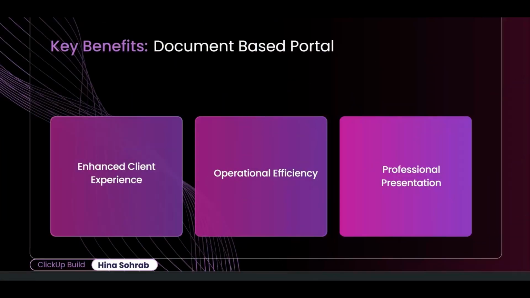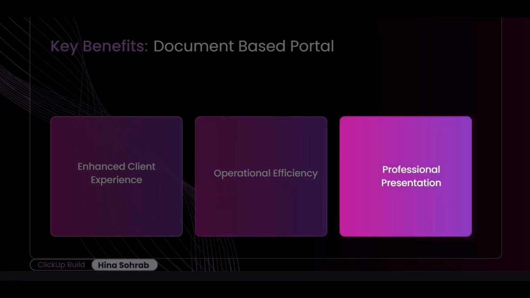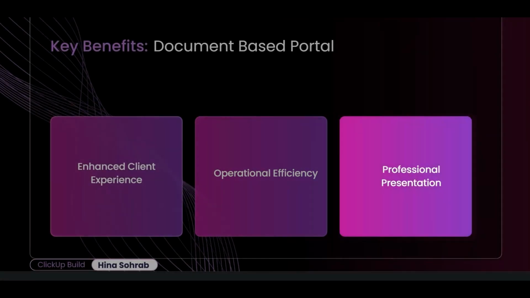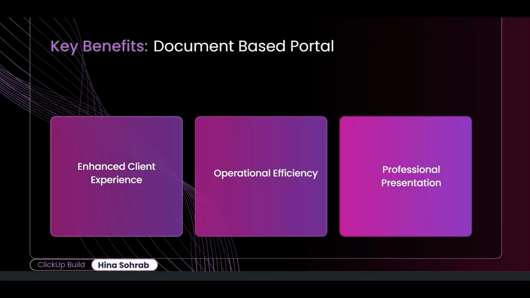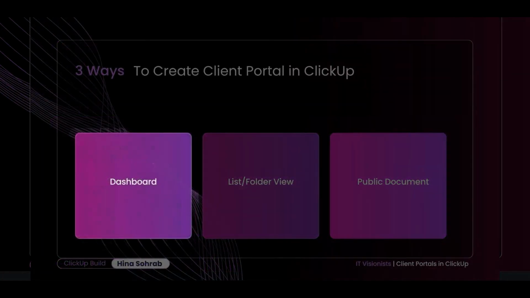The key benefits for this document-based portal are that it gives a more enhanced style experience, operational efficiency, and professional presentation. Choose dashboards for executive snapshots, overviews, and scenarios where guest access can work.